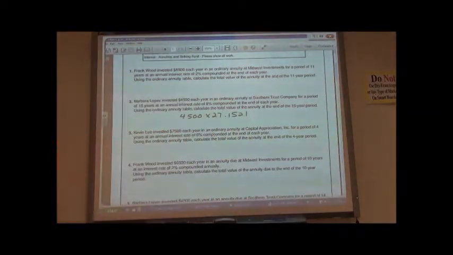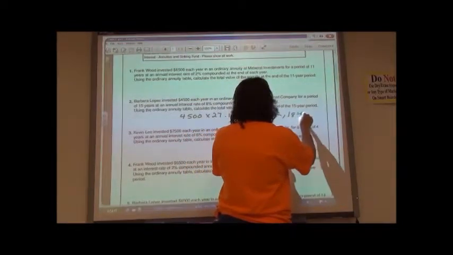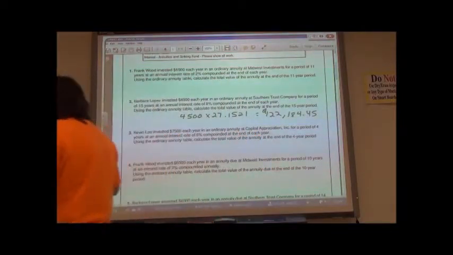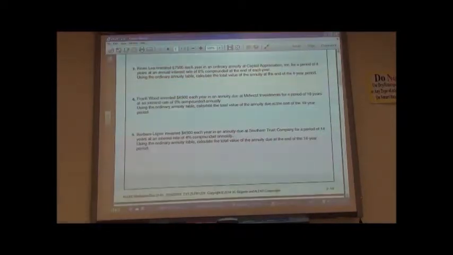And so if I grab the calculator, 4,500 times 27.1521 gives me $122,184.45. So we would have $122,184.45 after 15 years of putting in $4,500 each year at 8% compounded at the end of each year.